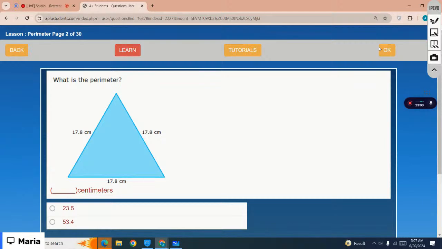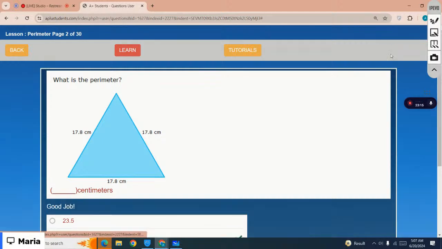Yes, the correct option is 53.4. Option number 2 is the correct option, that is 53.4 centimeters.